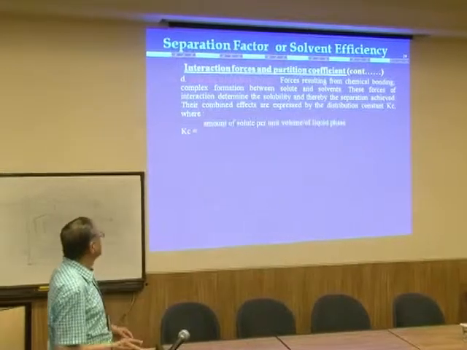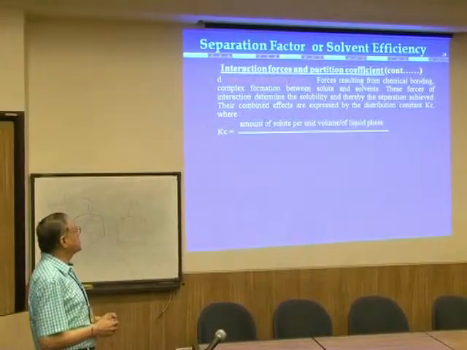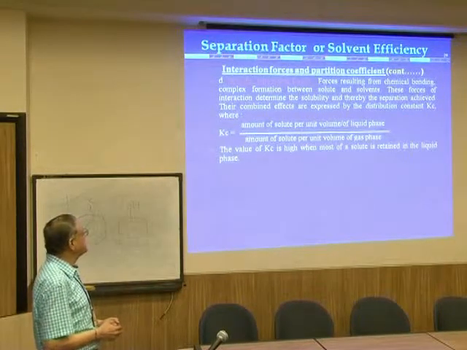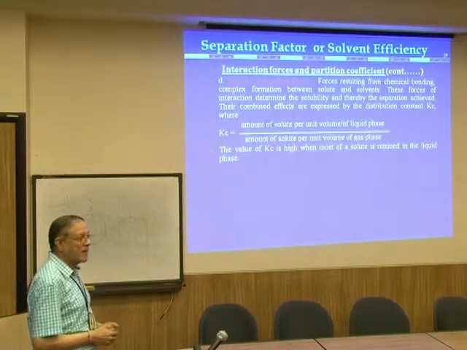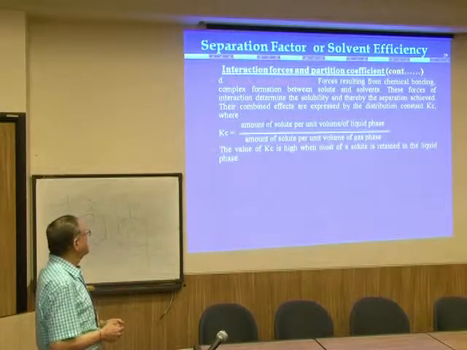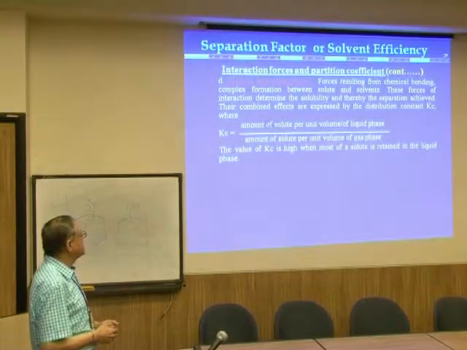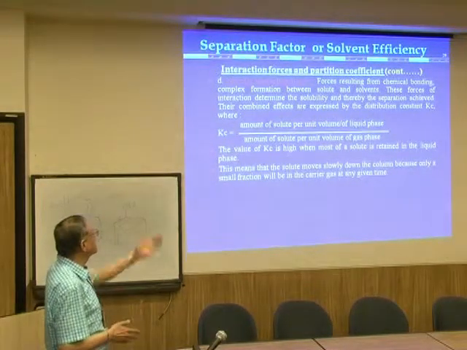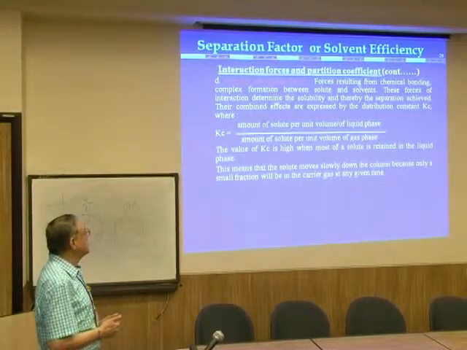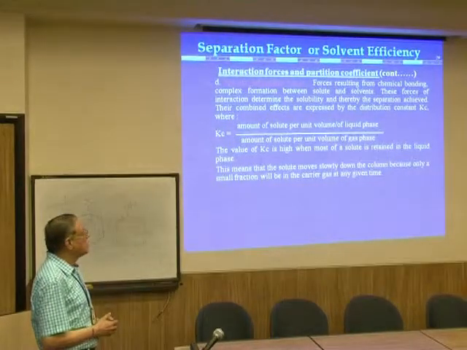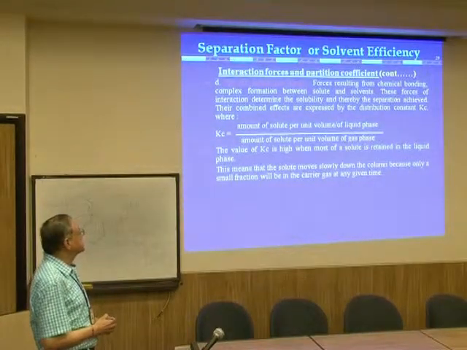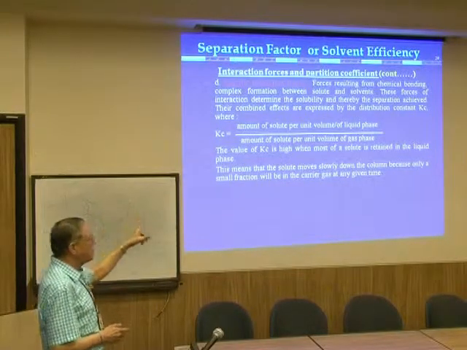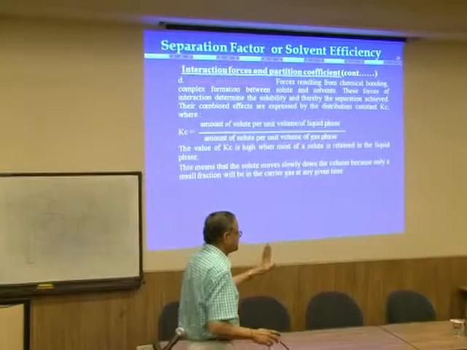Kc is nothing but amount of solute per unit volume of liquid phase divided by amount of solute per unit volume in the gas phase, and the value of Kc is high when most of the solute is retained in the liquid phase. Obviously, because if the amount of solute in the liquid phase is more compared to the amount in the gas phase, the Kc value as defined will be very, very high.